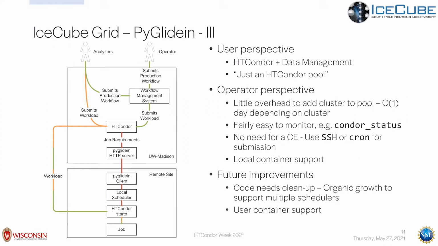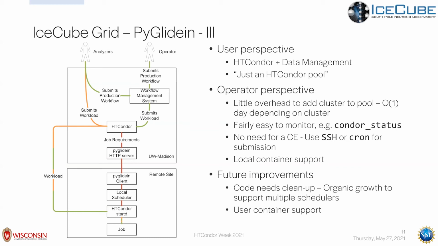Again, we get a lot of the tooling that's already around Condor, so the monitoring and all these various other things we get for free. And the biggest portion for us is that we didn't need what we felt was a heavyweight compute element, but rather we just needed either SSH or a cron job for the submission. So that was really a very low barrier to entry for a lot of users in a lot of places.